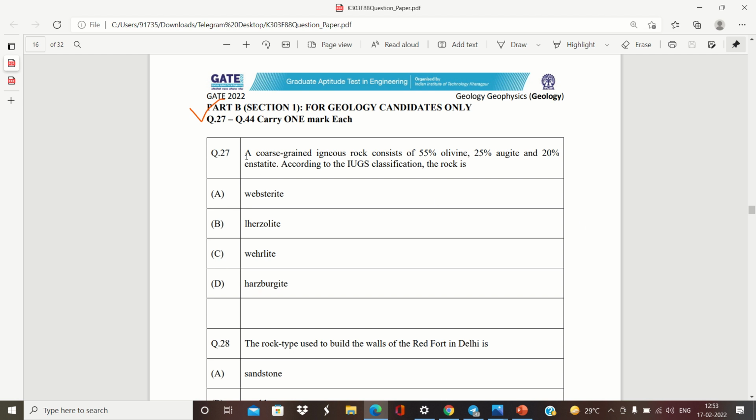So let's see question number 27. A coarse grained igneous rock consists of 55% olivine, 25% augite and 20% enstatite. What will be the rock type according to the IUGS classification?